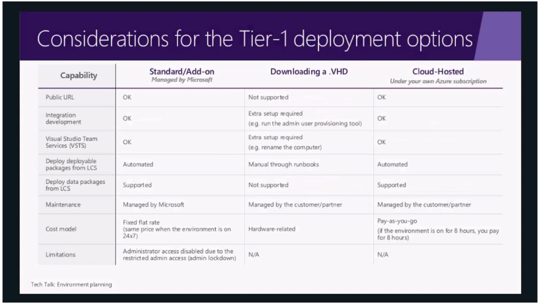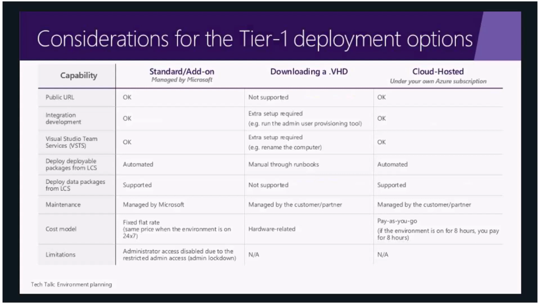So, a good and common question is, when it comes to additional tier 1 environments, what are my deployment options and what are the differences? So, the first aspect is cloud versus VHD.